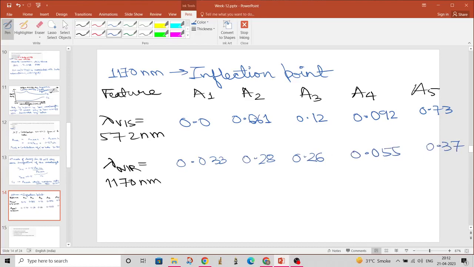Now the ratio of A visible by A NIR, this ratio is what is important, is here 0, here 0.22, here 0.46, 1.7, 2.0.